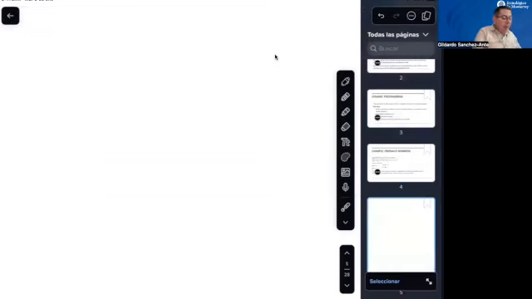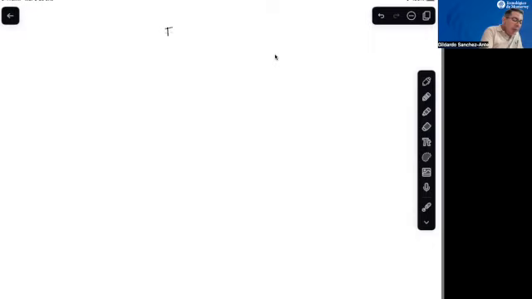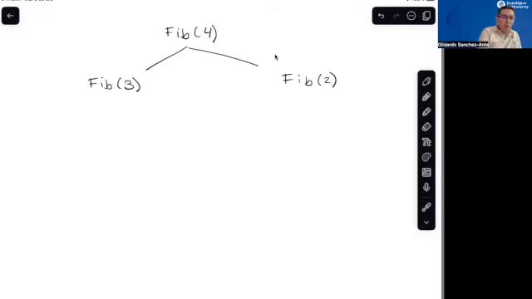blank page here, and then we can, for instance, consider the problem of computing the Fibonacci of 4. In order to do that, I will need to compute the Fibonacci of 3 and the Fibonacci of 2, according to the formula. Remember, the formula said Fibonacci of n is going to be Fibonacci of n minus 1 plus Fibonacci of n minus 2.